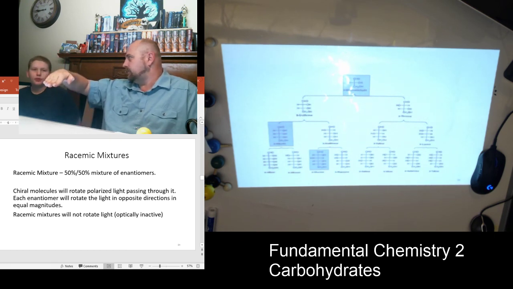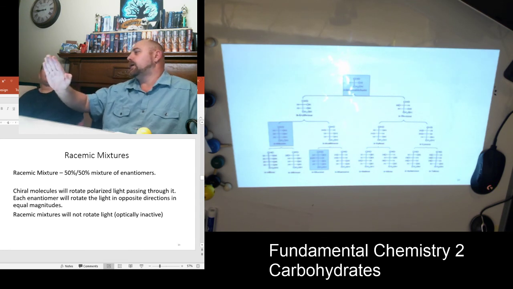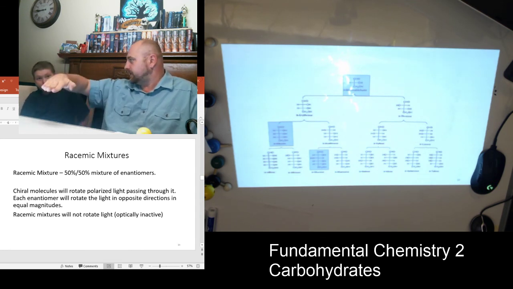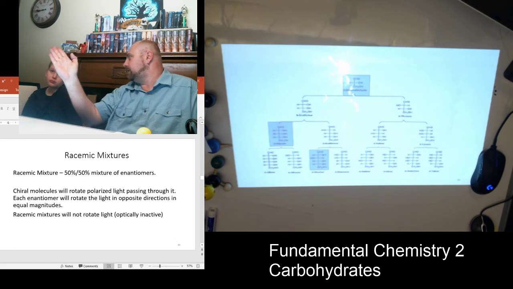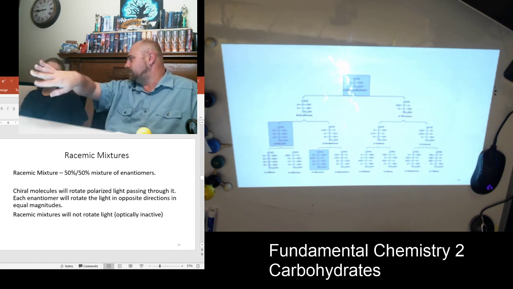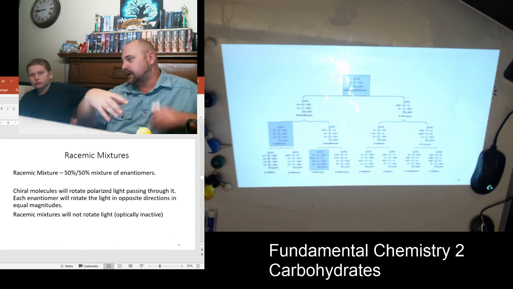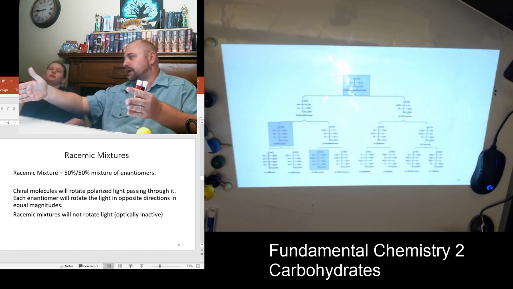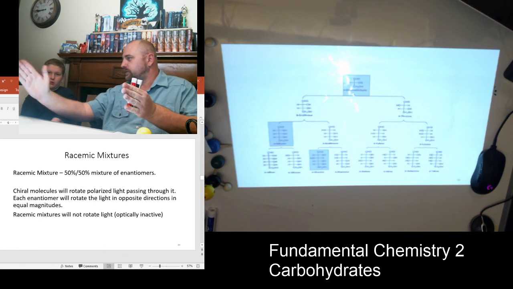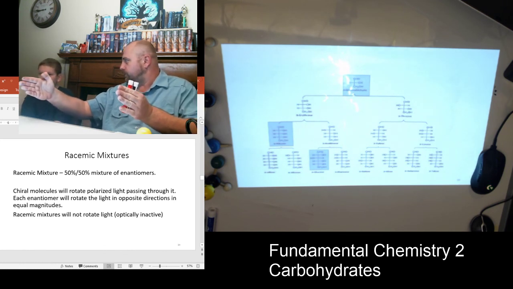But if I misalign it, I don't get any light coming through. Sometimes you have to turn it left, and sometimes right, to figure out which way the light spun. Did it go right? Did it go left? So we have a fancy instrument that does just that. It shines a bright light bulb through it, and it's got a filter that only lets up and down light through, and then you figure out how much it rotated.